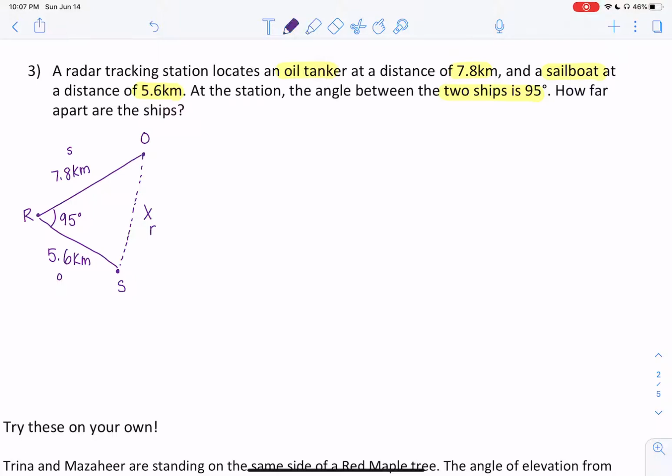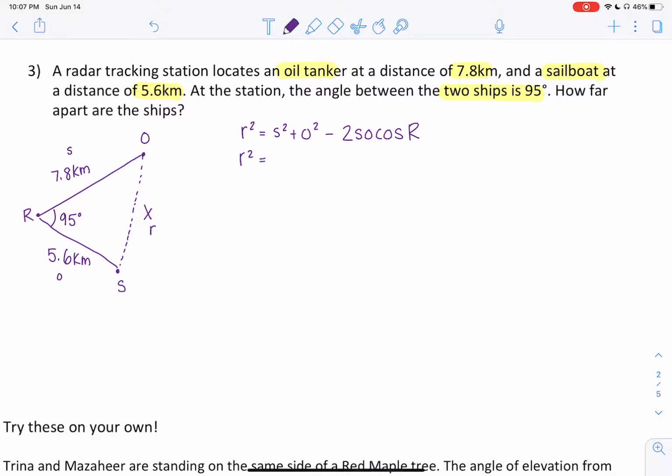So now that we've labeled our triangle, let's figure out our cosine law equation. So we're looking for a side length. So we have r squared. And now we fill in the rest with the appropriate letters. So we have our other two sides squared minus 2 times our other two sides, cosine of r, the matching one to the side we're finding.